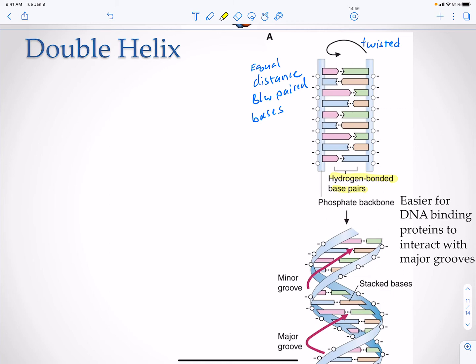So that's at the 3' end. In addition, you're going to have what's called major and minor grooves that are going to alternate. And the grooves are going to be exposed and they're going to be able to interact with proteins.